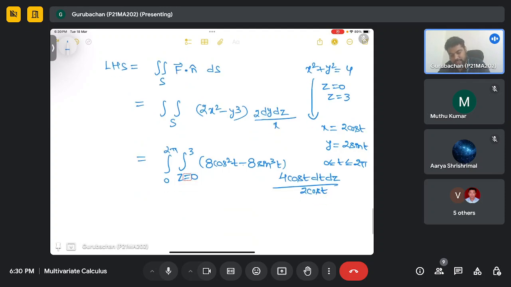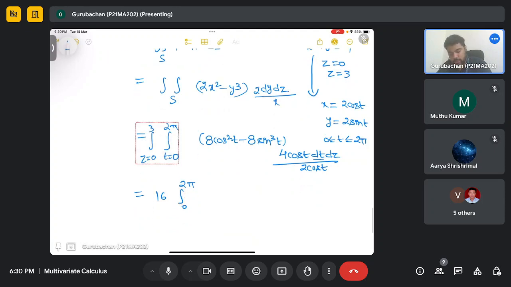So one cos t will cancel out, one 2 will cancel out, it will give us 0 to 2 pi. Since we are integrating t first, we should put the limit of t first. So let me rewrite it as z from 0 to 3 and t from 0 to 2 pi.